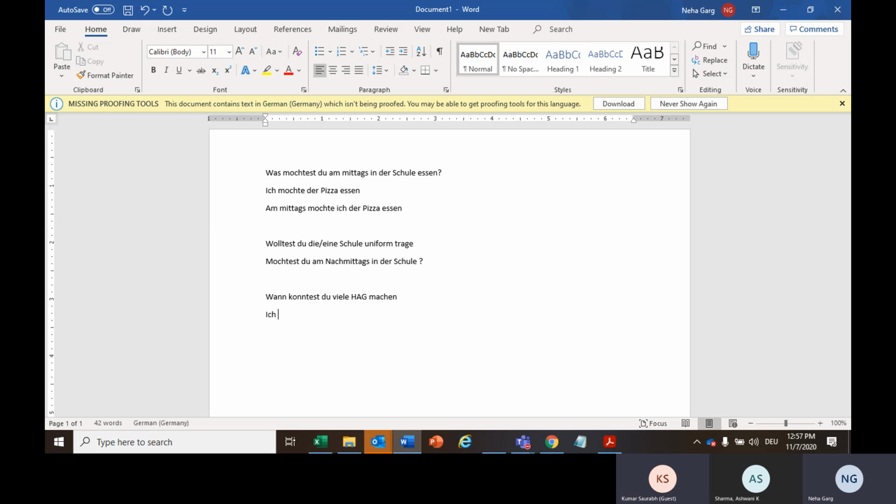Ich and then verb. Or we can start with the time frame, like am, right? So ich konnte, yeah, am Wochenende. Ich konnte viele Hausaufgaben machen am Wochenende. So subject plus verb then plus time frame.